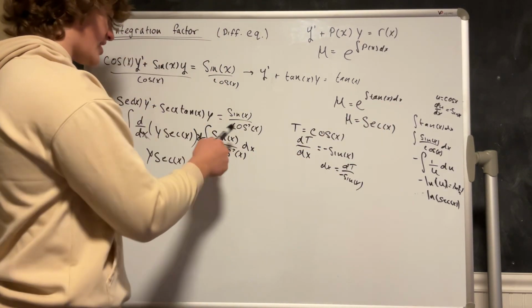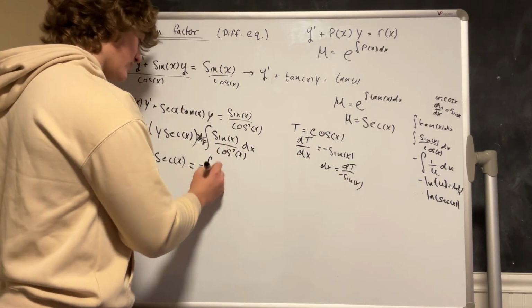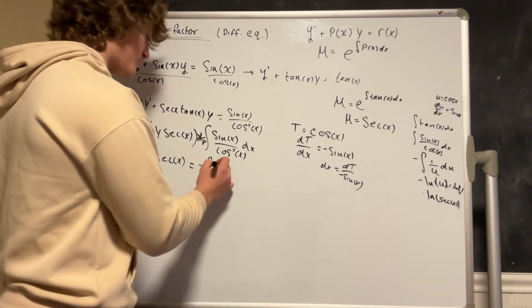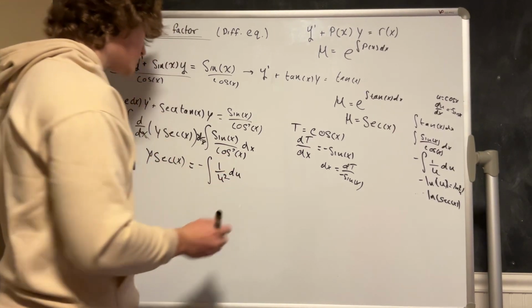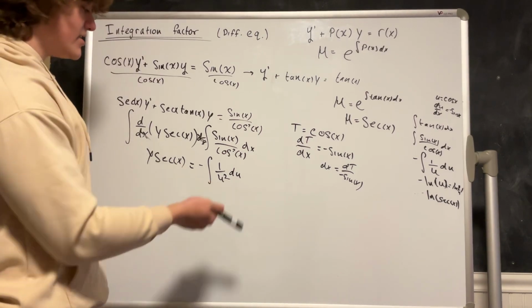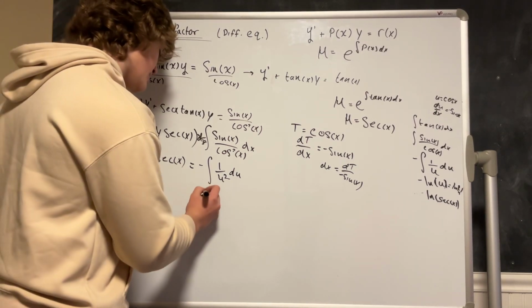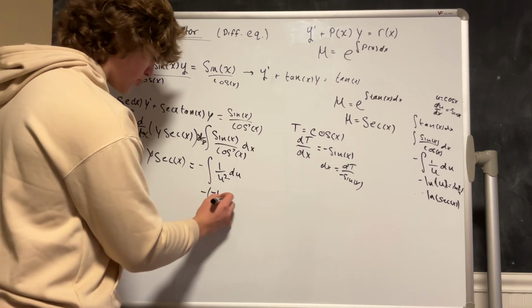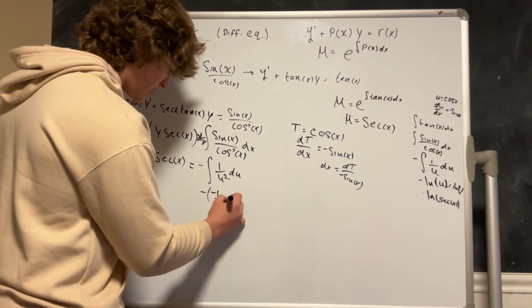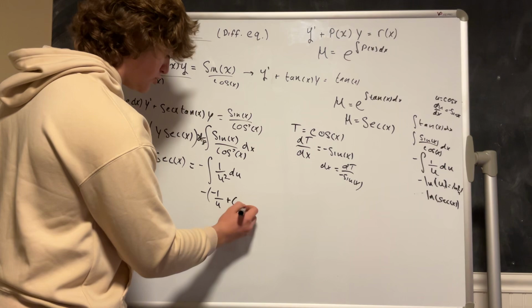So as you can see, the sine of x cancels, and this just becomes negative integral of 1 over t squared with respect to t. And this is just going to give us negative times the negative 1 over t plus, let's say, c sub 2.